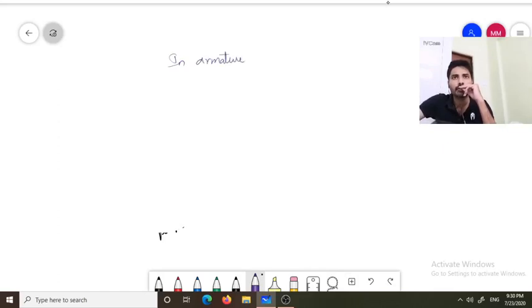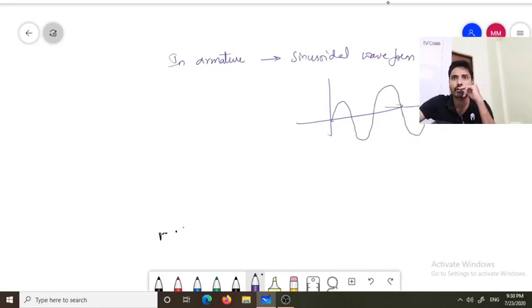In the armature you are getting a sinusoidal waveform of EMF. So the waveform appears like this. This is an AC waveform, but we are talking about a DC generator, so the output must be a DC value.